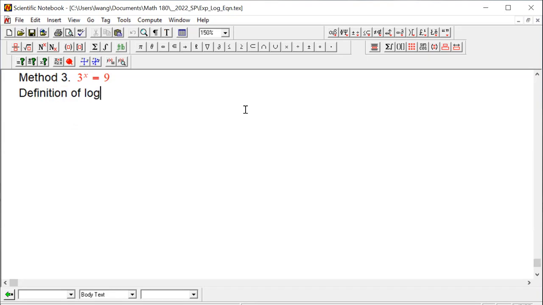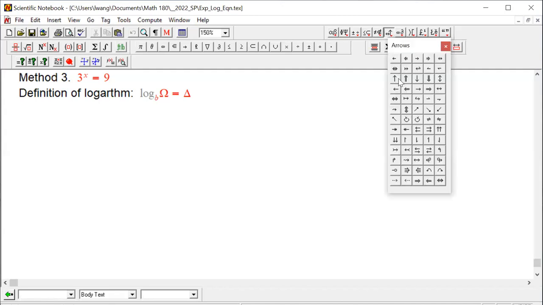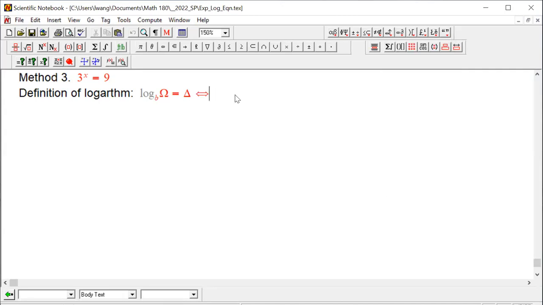Log base b of omega is equal to triangle if and only if b to the power of triangle is equal to omega, provided the base is larger than 0 and not equal to 1. We always have that in our mind.